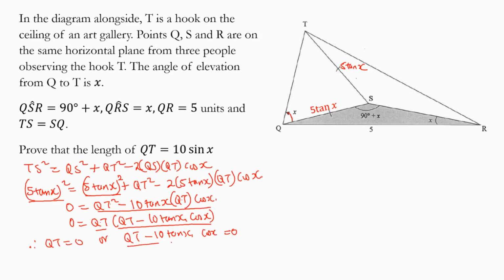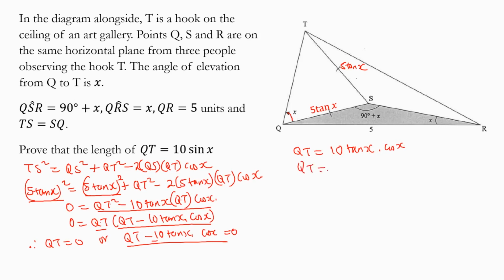Right, so let's take this part. Then we have QT equal to, I will transpose this negative tan x cos x to the left hand side, so it becomes QT is equal to 10 tan x times cos x. Remember, tan x is sin x over cos x.